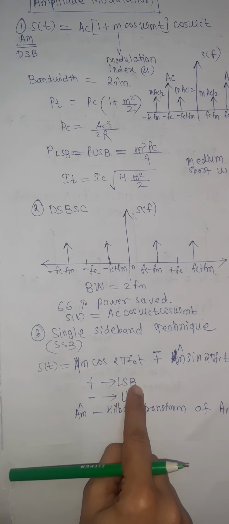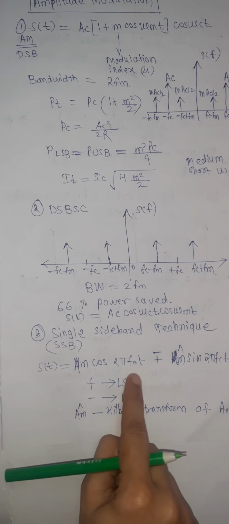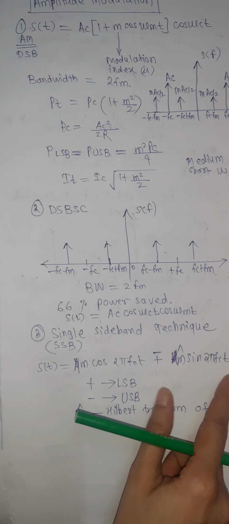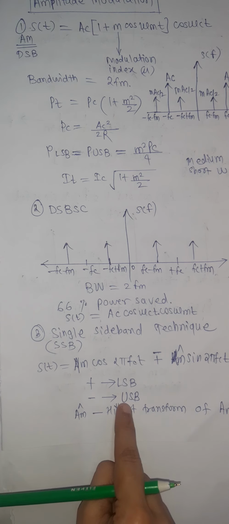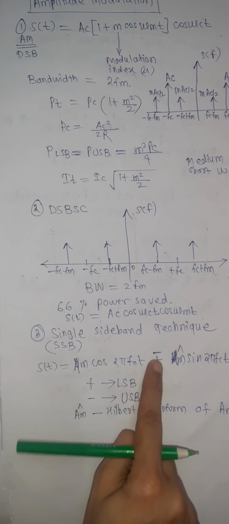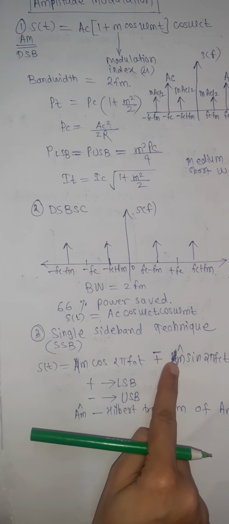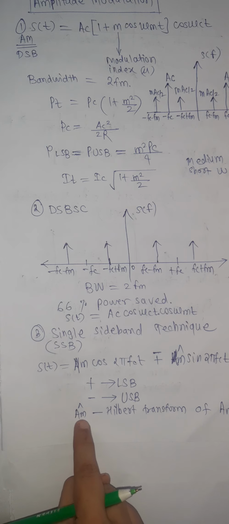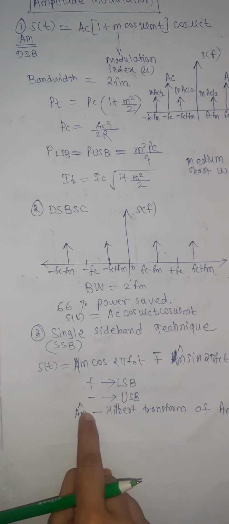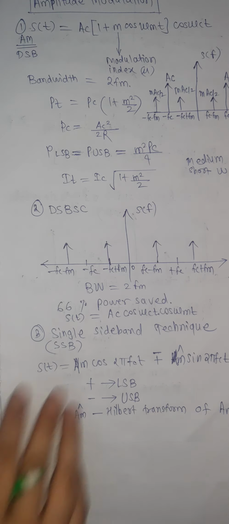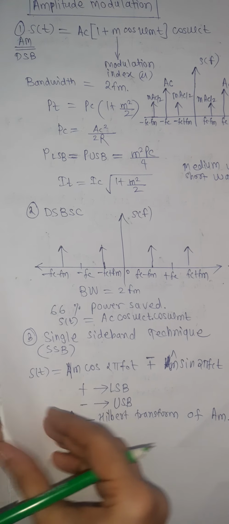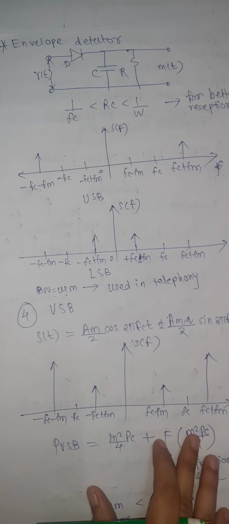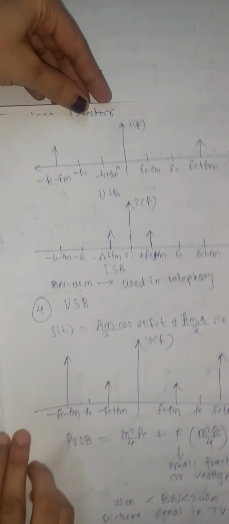So LSB will have the equation S of t is equal to Am cos of 2 pi fc t plus Am Hilbert transform sin 2 pi fc t, and the negative sign indicates the upper sideband, that is Am cos of 2 pi fc t minus Am Hilbert transform sin of 2 pi fc t, where Am cap is the Hilbert transform of Am. This single sideband technique is used in applications like telephony.